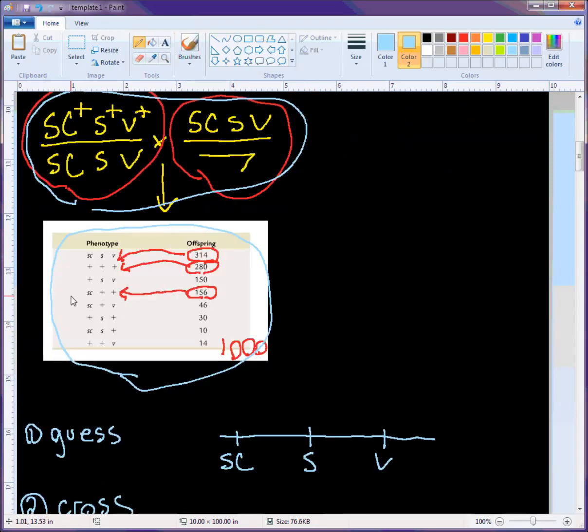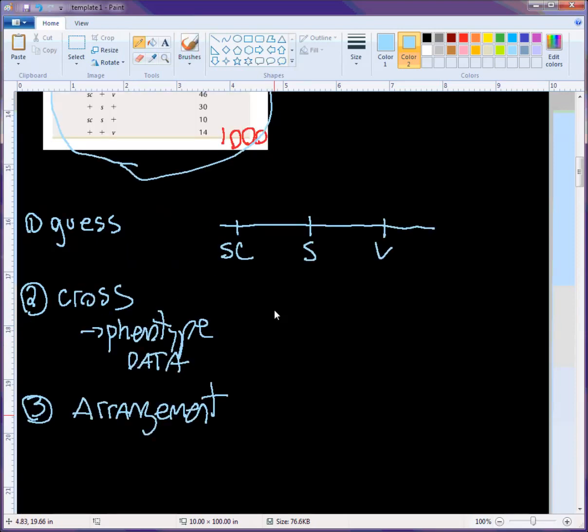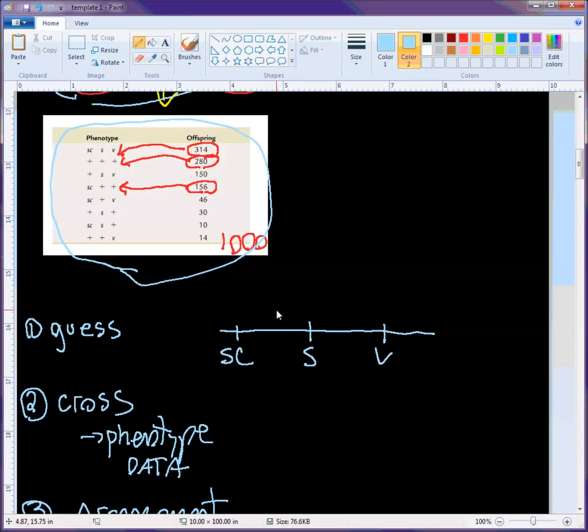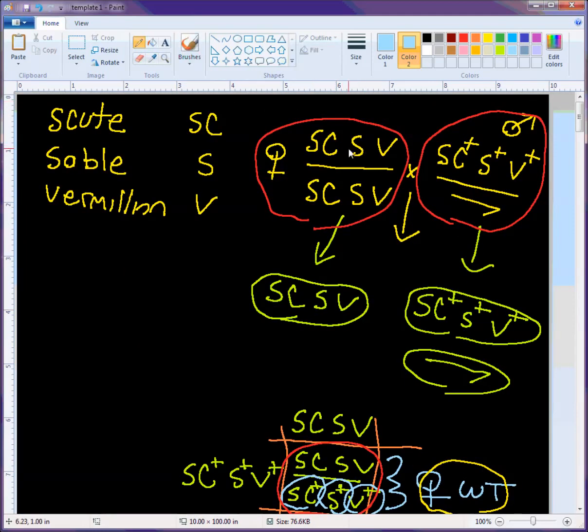Okay, so the next step we were supposed to do was determine the arrangement of genes, right? So the arrangement of alleles, that is, in the heterozygous female. And we've kind of already done that, right? Because we started with certain genotypes in the P1, right, in the female.